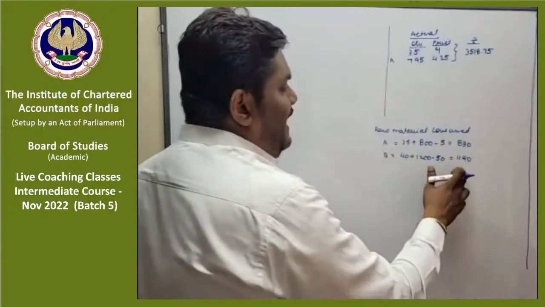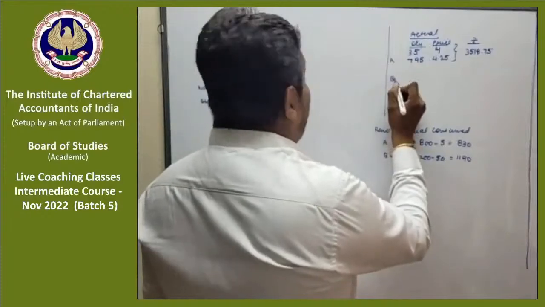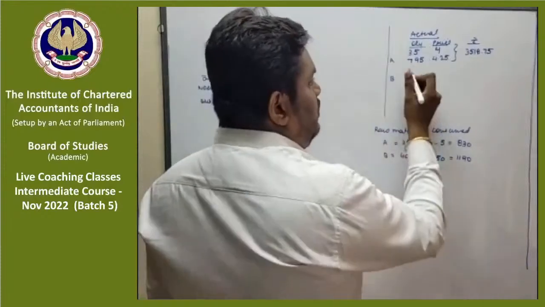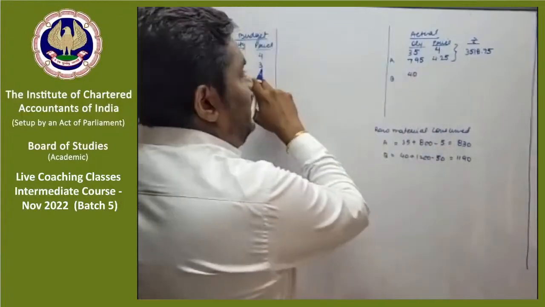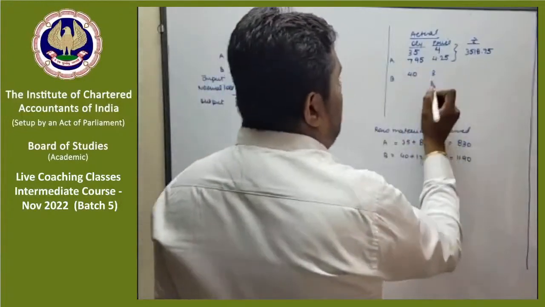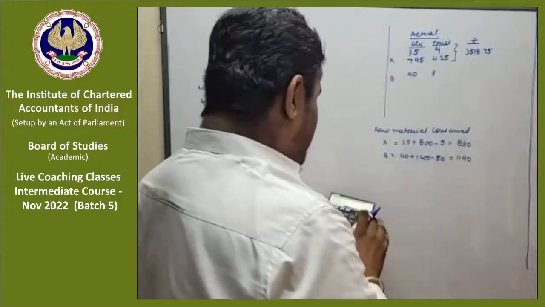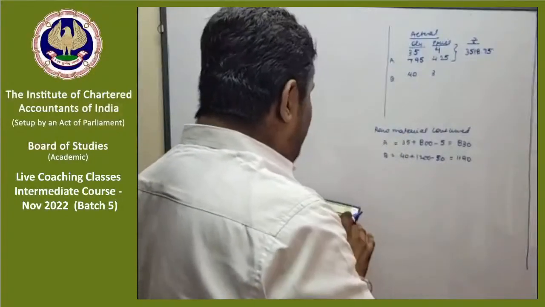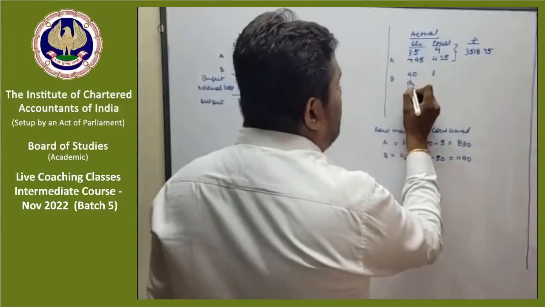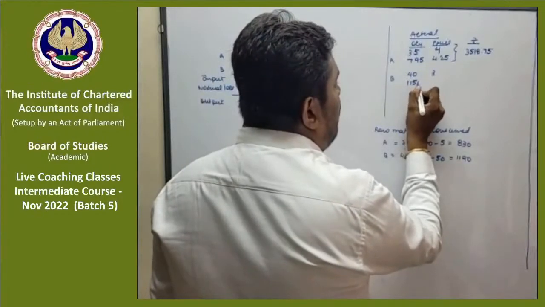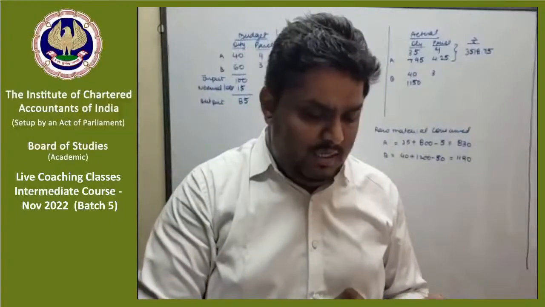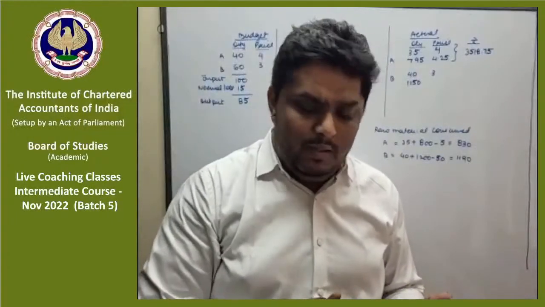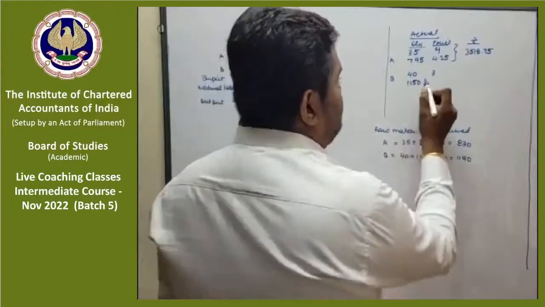Of this 1190, 40 will be from the opening stock, which is valued at standard price, that is 3. And remaining 1150 will be from the purchase made during the year, that is 3000 divided by 1200. The price is 2.5.